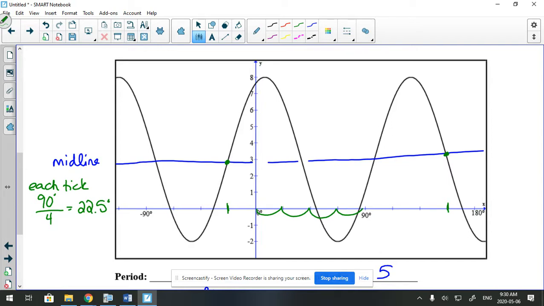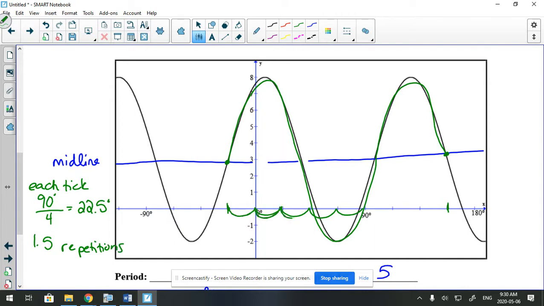Okay, now I have to figure out how many revolutions I have within how many ticks, essentially. Looking at this, I have 1 revolution and a half, so I have 1.5 revolutions or repetitions. And how much space did I take to have that?